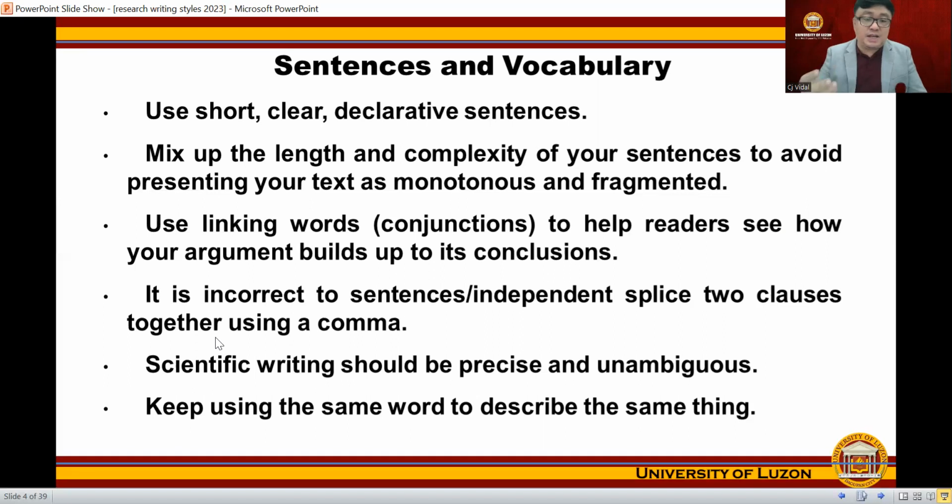Number six, for clarity, keep using the same word to describe the same thing. Do not vary your vocabulary in scientific writing as you might in literary composition. In literary composition, you're allowed, but do not vary your vocabulary in scientific writing.